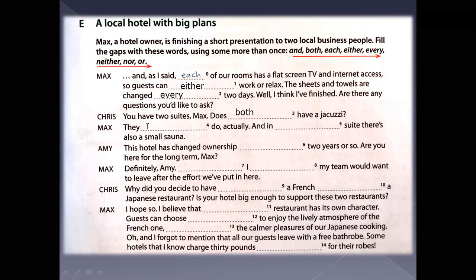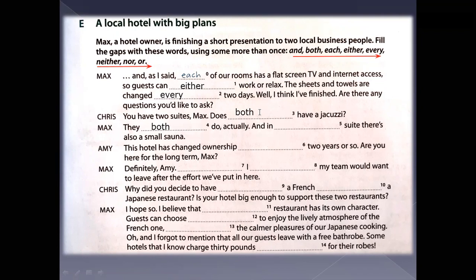They both do, actually. Wait, Miss, since when do "and" and "both" come together? It's a question: have, because both has, right? Both have. But hold on, they both do, actually.